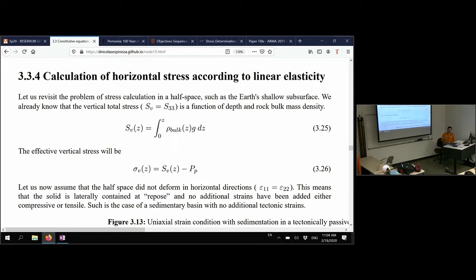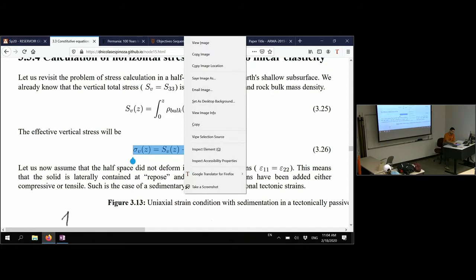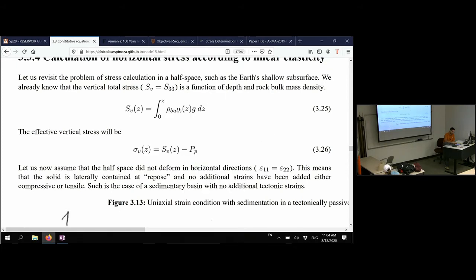If we want to know what the rock is really supporting, then we need to calculate the effective stress. The effective vertical stress is going to be the total stress minus the pore pressure.